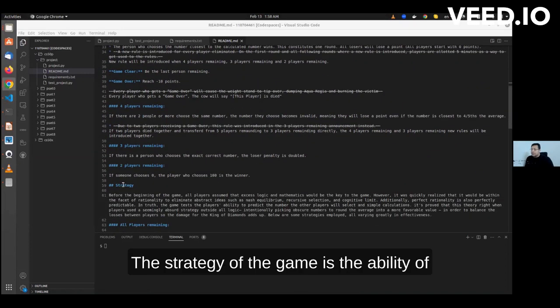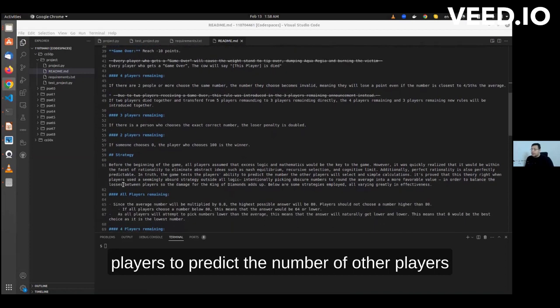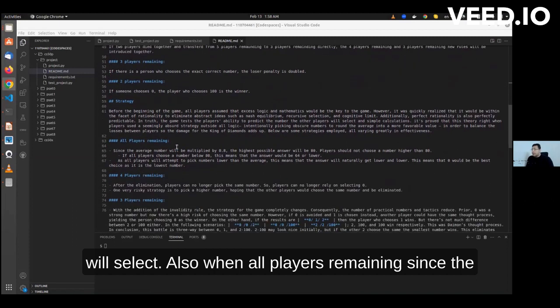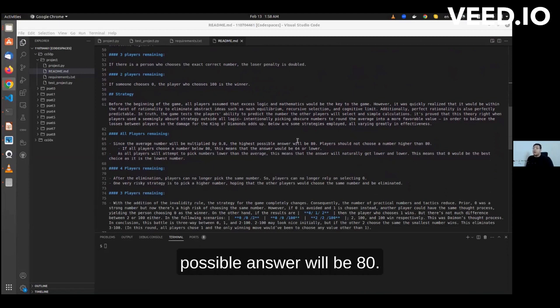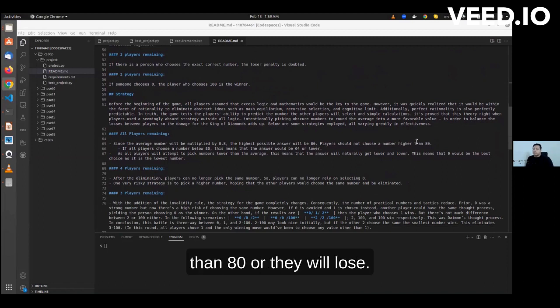The strategy of the game is the ability of players to predict the numbers other players will select. Also, when all players remain, since the average number will be multiplied by 0.8, the highest possible answer will be 80. Players should not choose a number higher than 80 or they will lose.